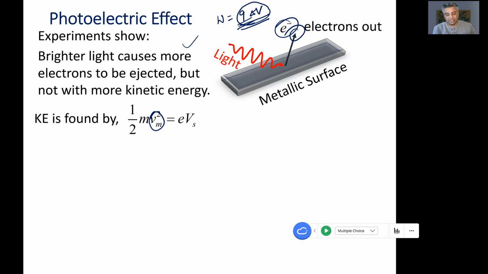So what do we see in the experiment? If we have a brighter light, then more electrons come out. And how much energy is there?